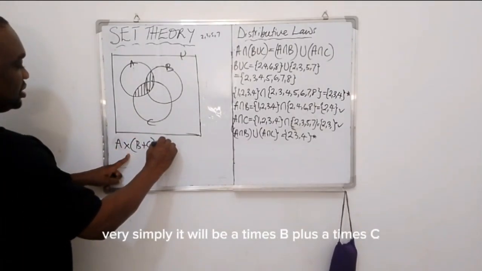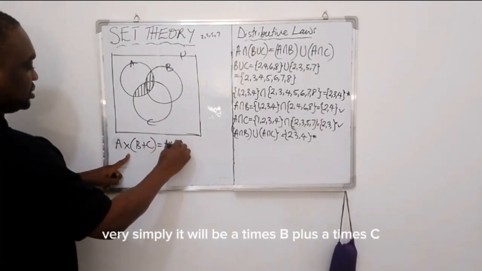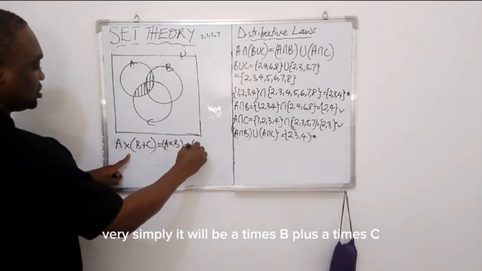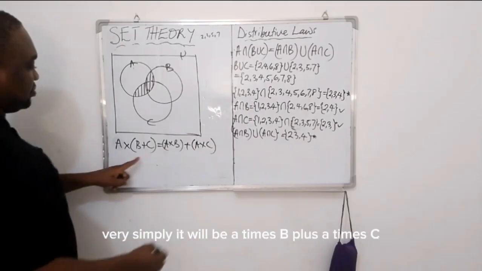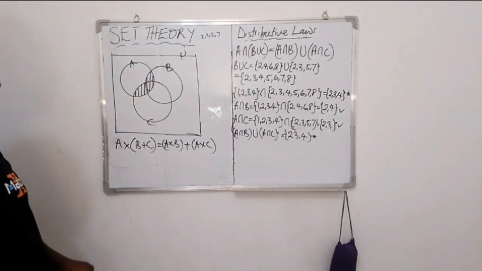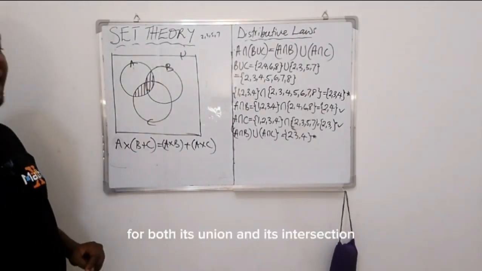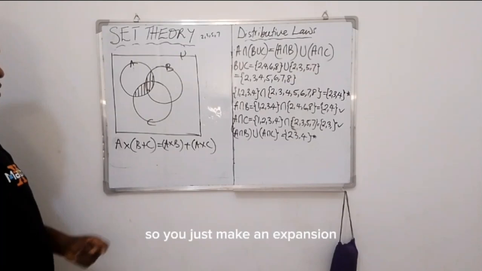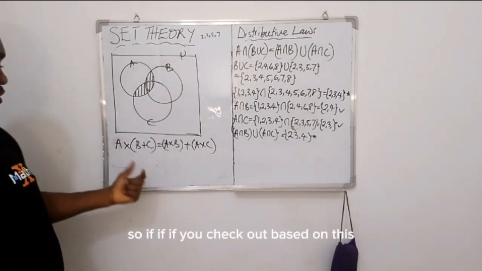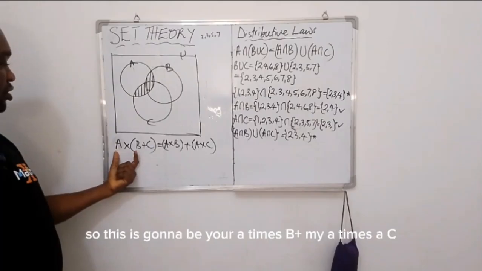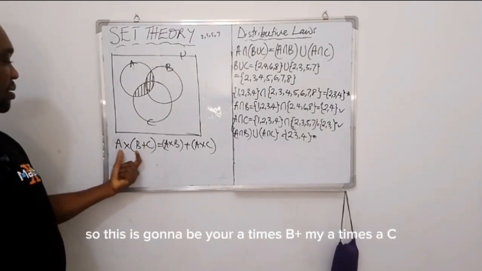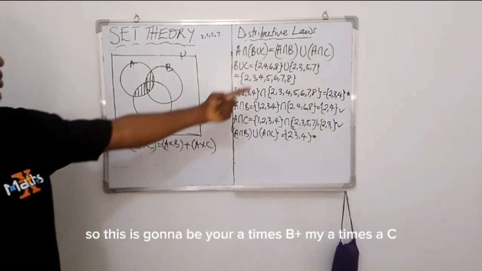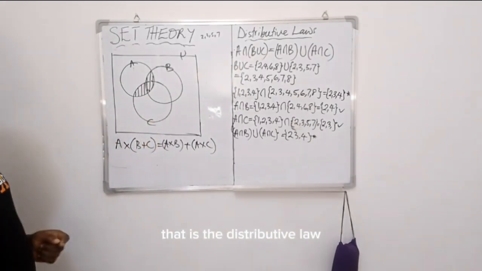Very simply, it will be A times B plus A times C. Please look at it like this, for both its union and its intersection. So you just make an expansion of it. So this is going to be your A times B plus my A times C. That is the distributive law.